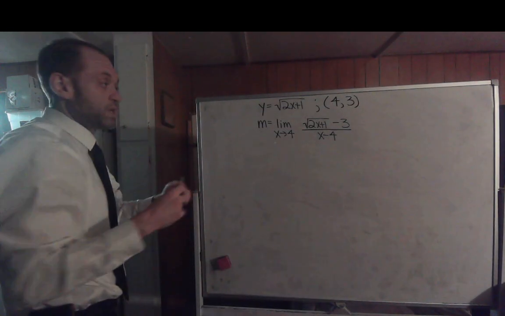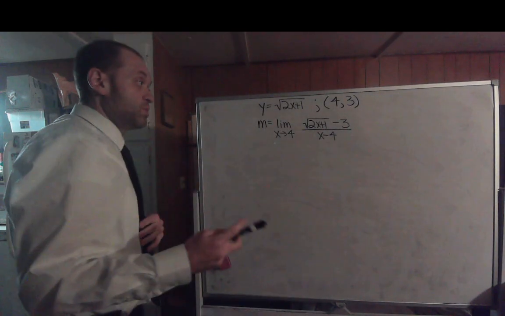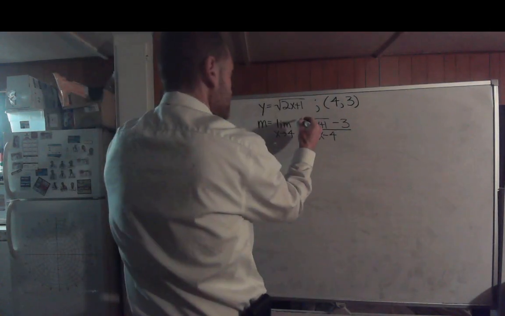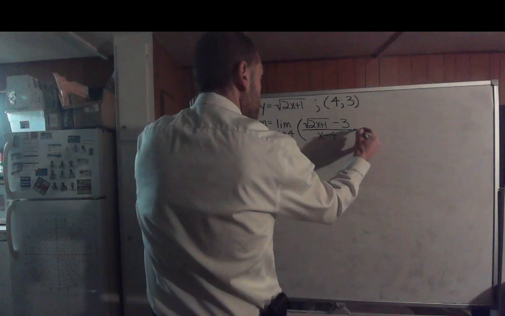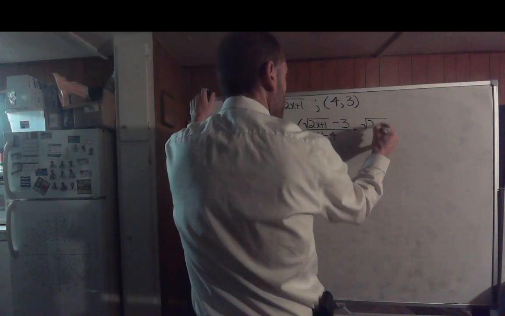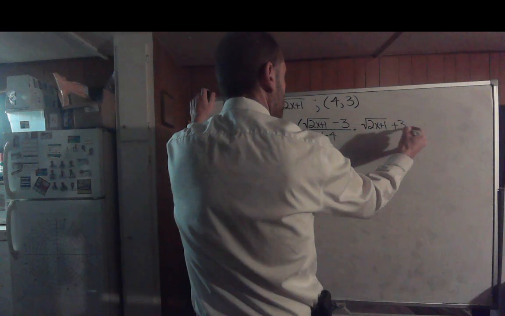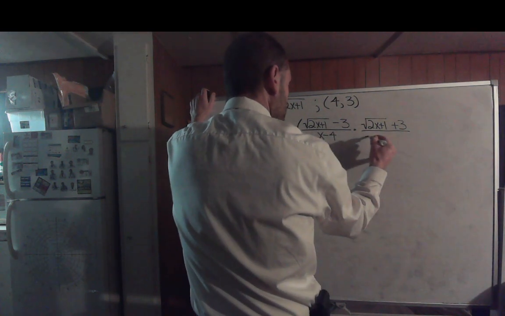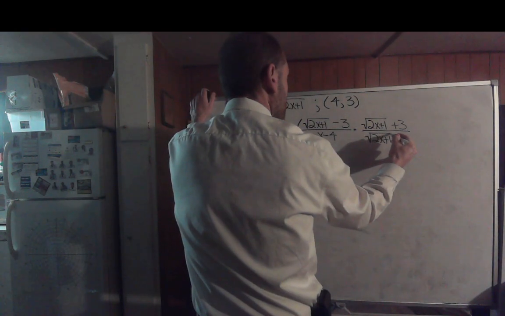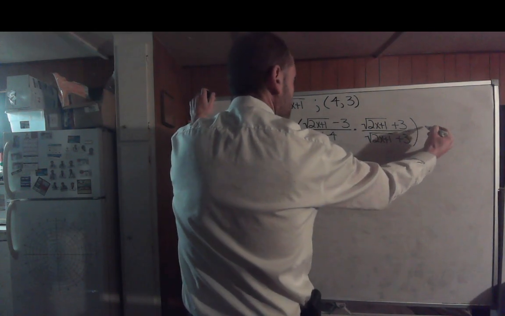And of course we can't use direct substitution, but what we need to do is the conjugate method. So let's multiply both numerator and denominator by the square root of 2x plus 1 plus 3, and this should simplify rather nicely.